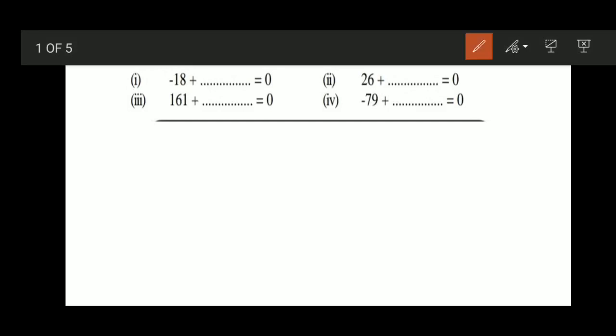Minus 18 plus blank, that is 18. You can fill here 18. Here is the second question, you can fill minus 26. So minus 26 plus 26 becomes 0. Then minus 161, so you can say plus 161, so it becomes 0. It is plus 79. So these are the answers.